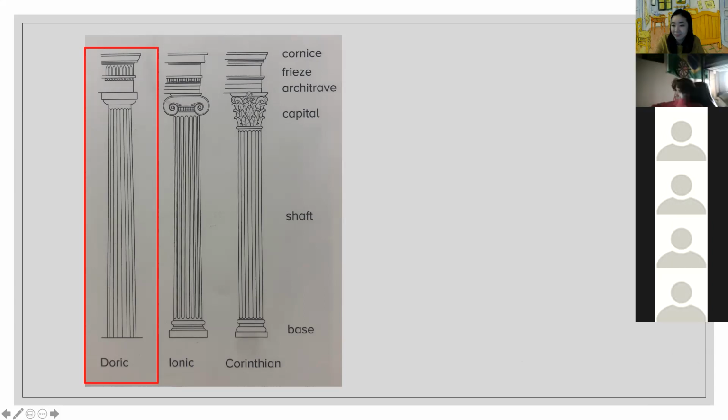The difference between the three pillars, right? Yes, the base is different. The decoration is different, the bottom and the top part of it.